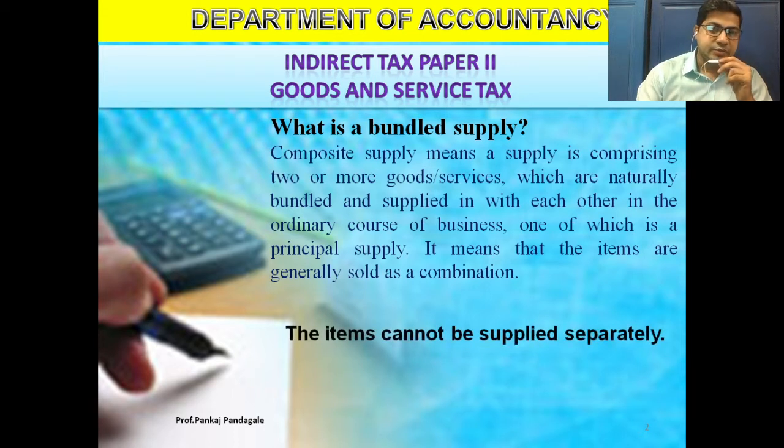These items cannot be supplied separately. Both items are supplied in combination. It means the items are generally sold as a combination. Two or more supplies together are called a bundle supply.